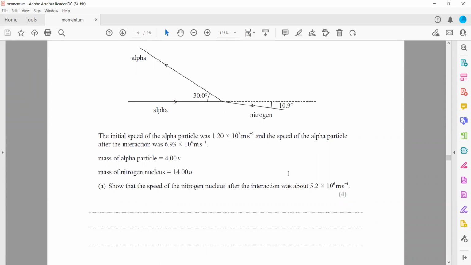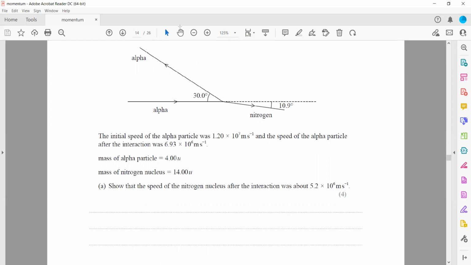So this is the conservation of momentum in 2 dimensions. The same idea applies: the total momentum before collision is equal to the total momentum after collision. But there will be a change in direction.